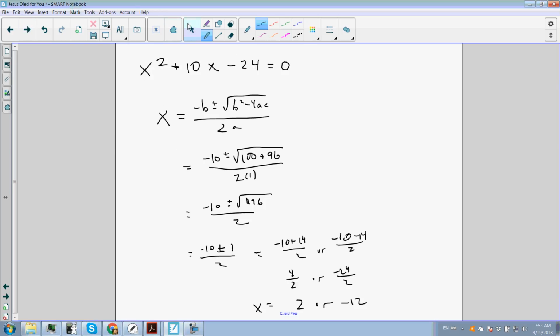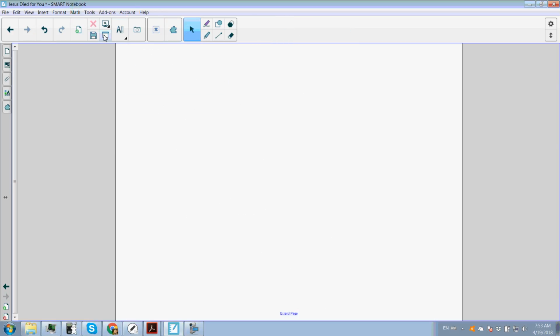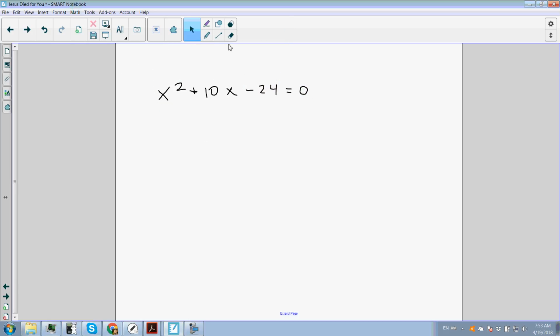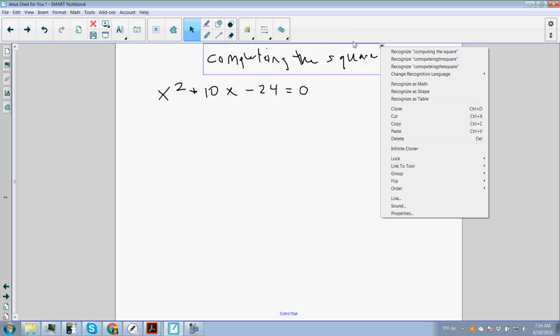Now we're going to solve it a new way by completing the square. This new method is called completing the square, and I can write so neatly, can't I?